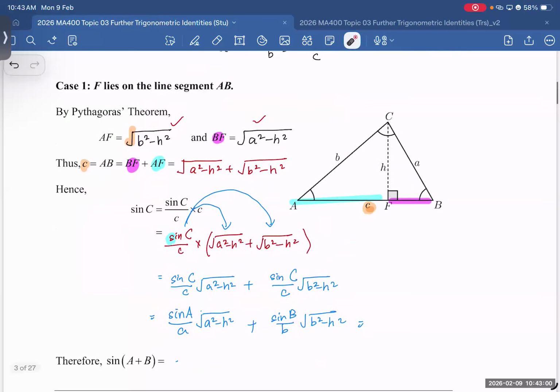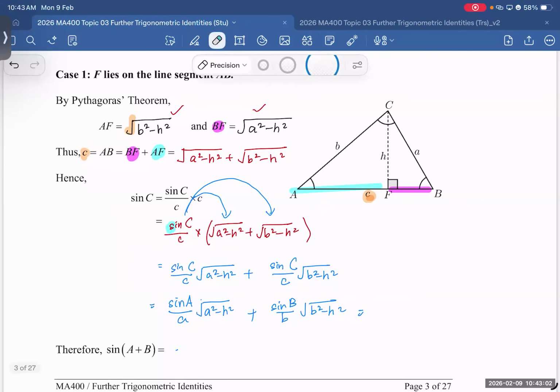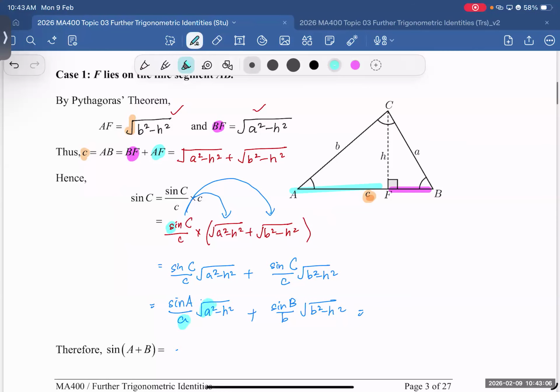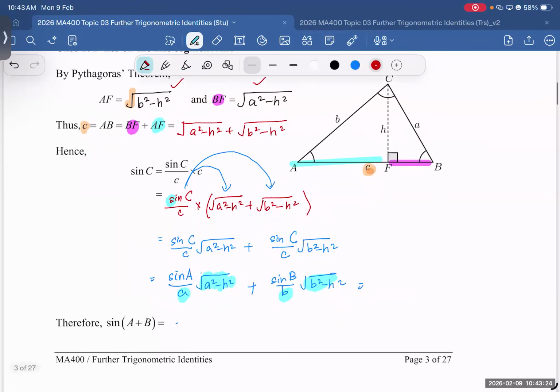Can anyone now tell me, by looking at the diagram, Jukai, help me out since you're pretty strong. Square root A square minus H square. What do you think this is? I want to express this in terms of a single trig expression. Here Jukai, here Eaton Yo.